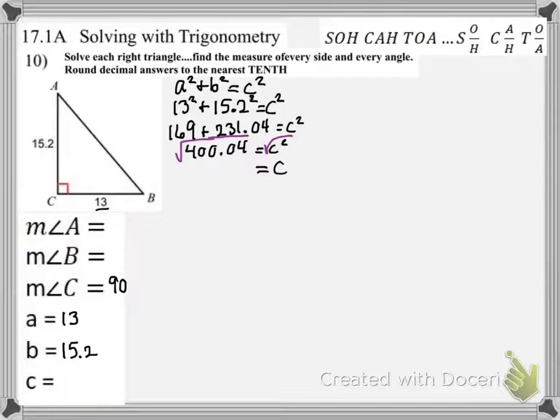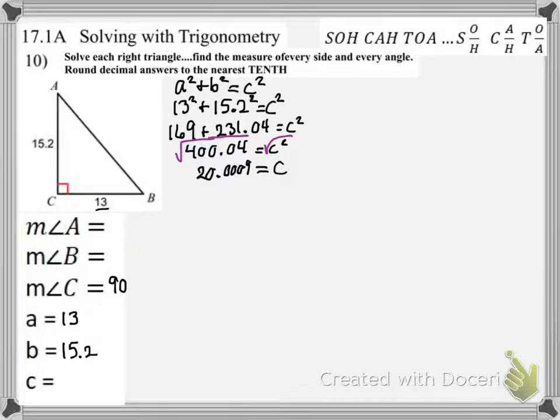The square root of 400 would be 20. It happens that the square root of 400.04 is 20.009.